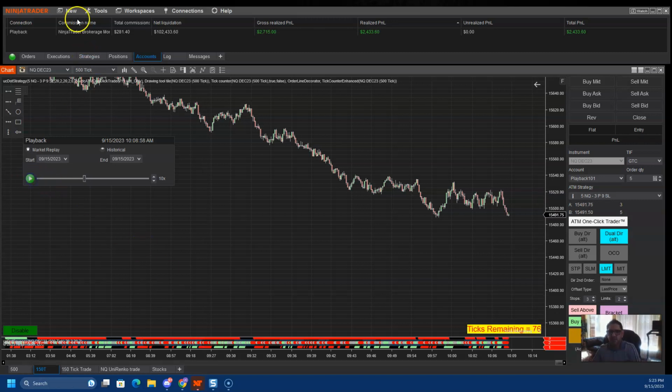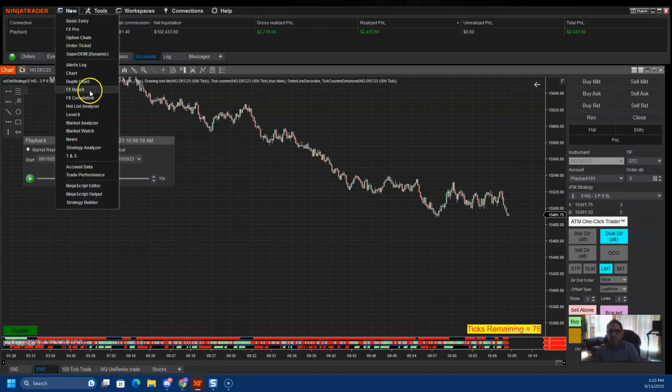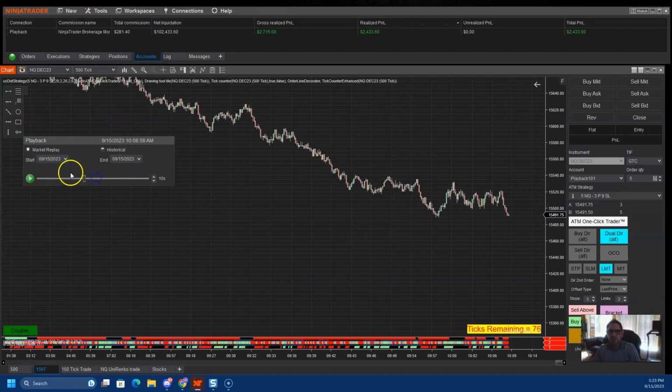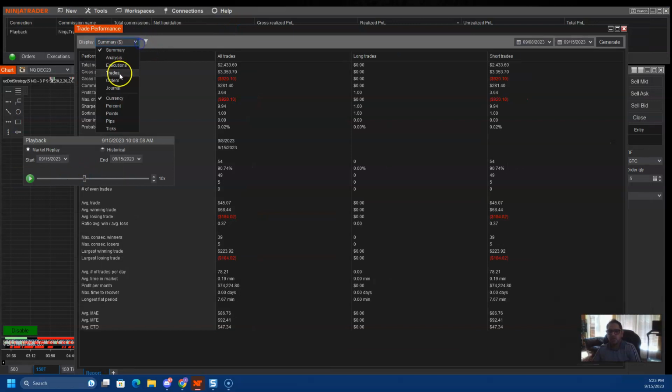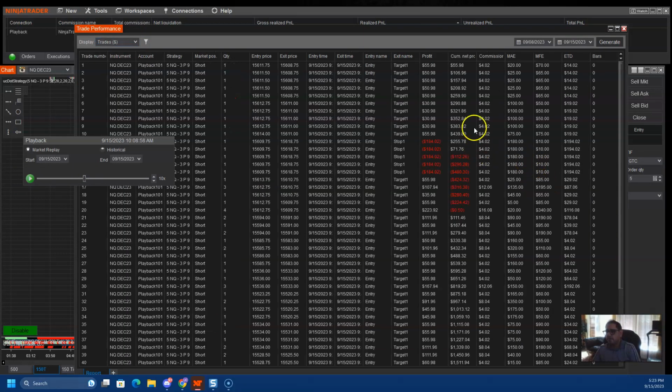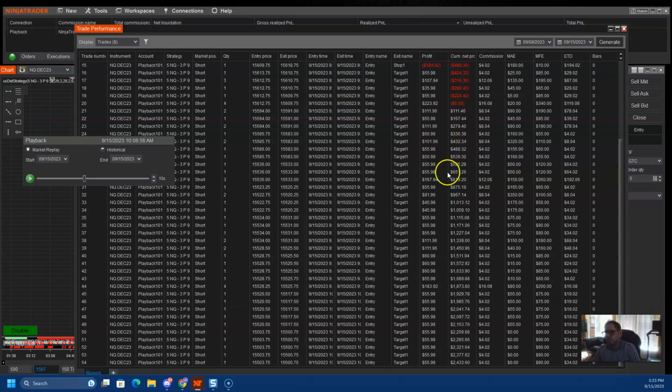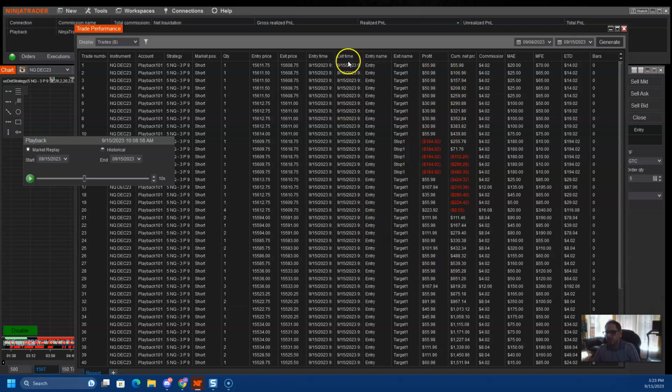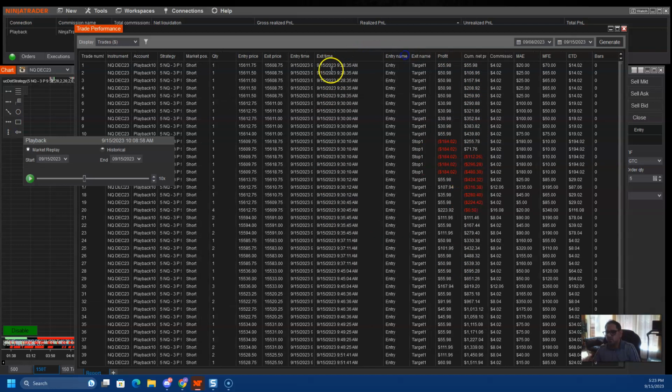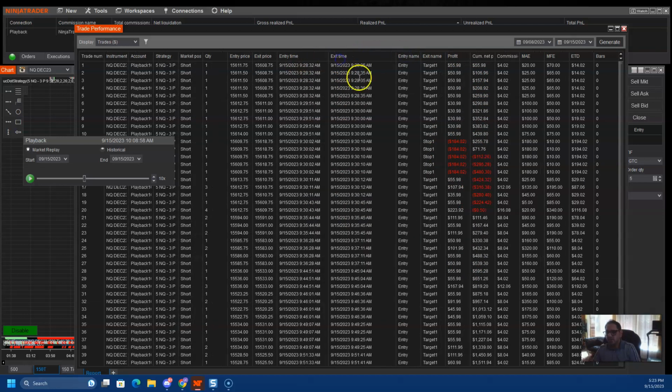Let's bring up the trade performance. Trades. There you go. So there was a loss. One trade was a loss, and the rest of it has been profitable. These things are so quick sometimes. That's why you need a bot to trade this thing.